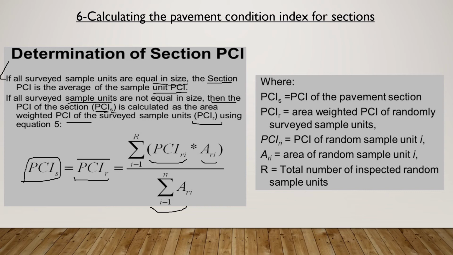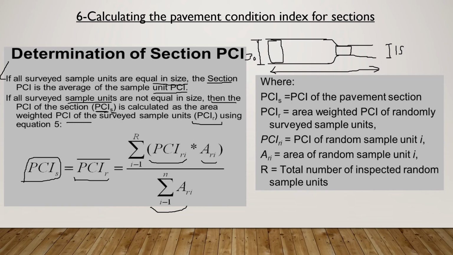So basically, what is written here, if you have, for example, a section with width, let's say 30 feet, and another section, the width became 15 feet. Here you will have sample size different from the sample size here, but you have the same pavement type, let's say flexible pavement.